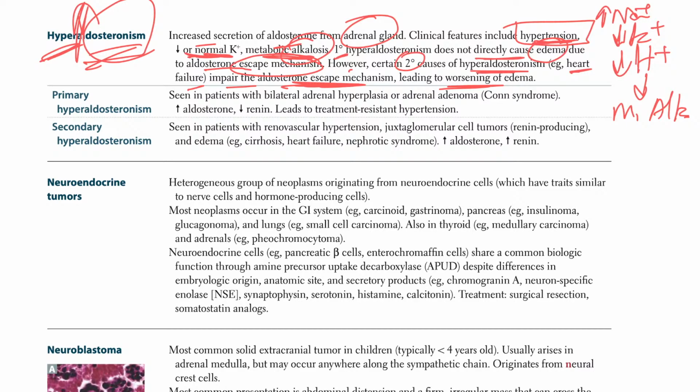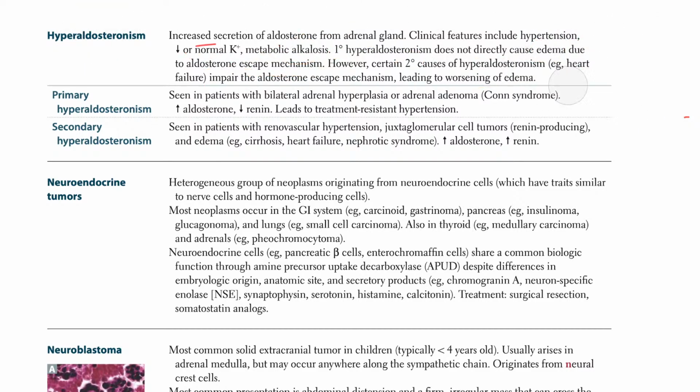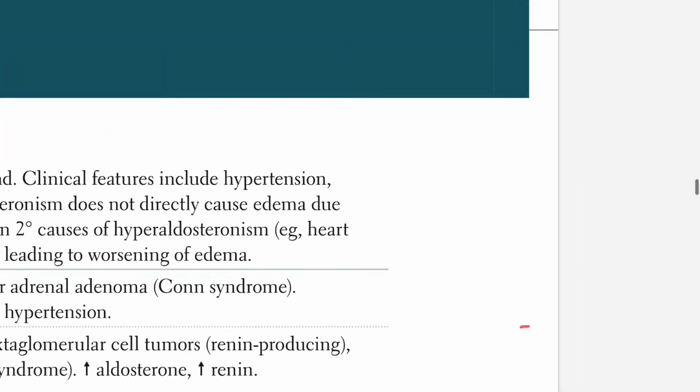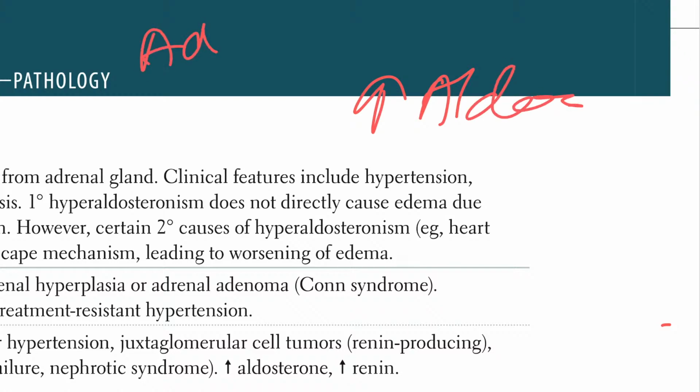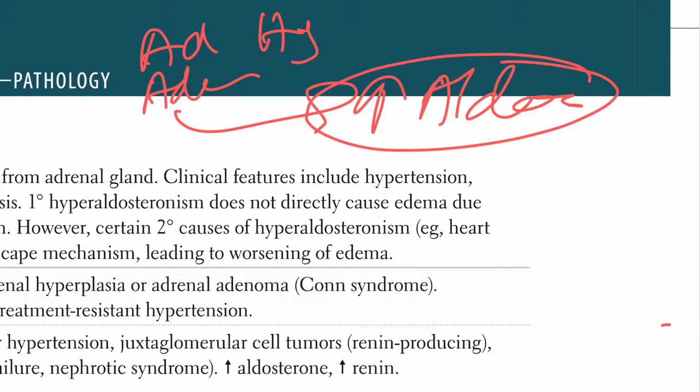Okay. What is your aldosterone escape mechanism now? So let's just write this down here. So when you have increase in aldosterone, no matter which cause it is coming from, the adrenal hyperplasia or hyperfunctioning adrenal adenoma, essentially is causing increase in aldosterone.